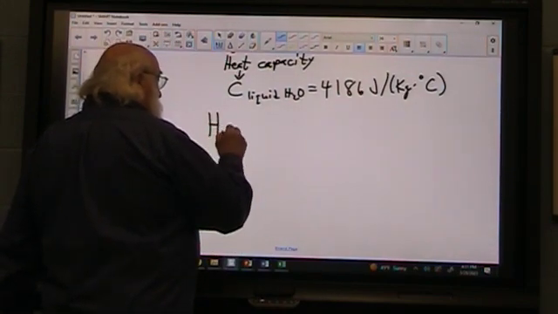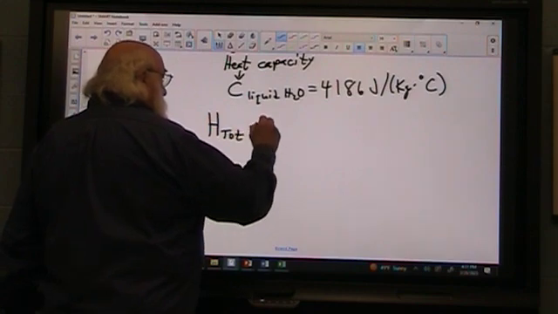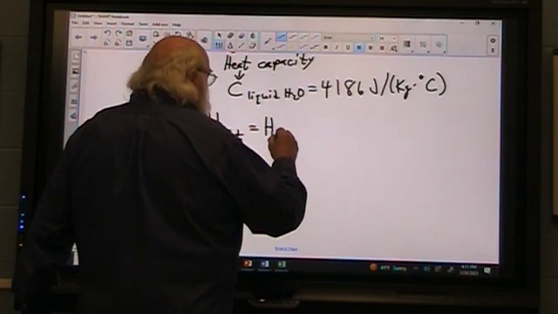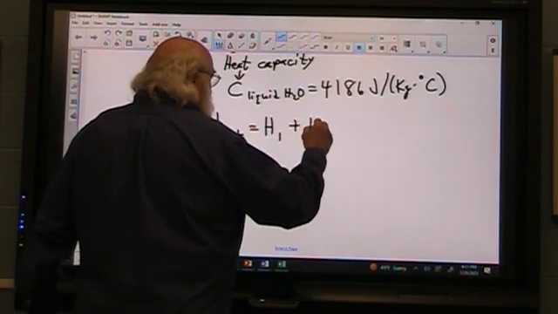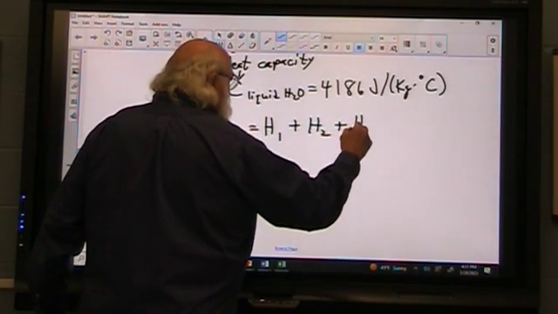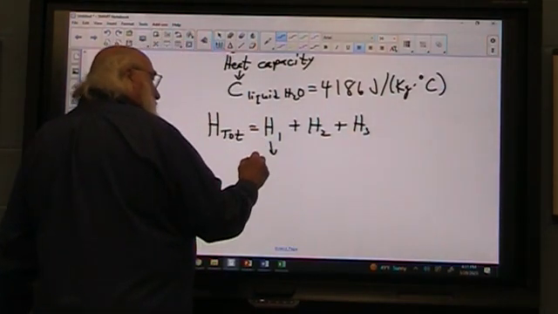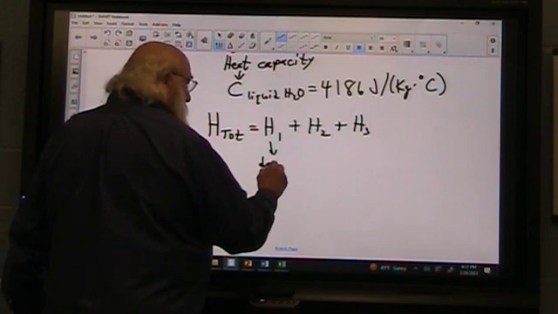So that means then the total heat is going to be equal to H1 plus H2 plus H3, where this is the decreased temperature of steam.